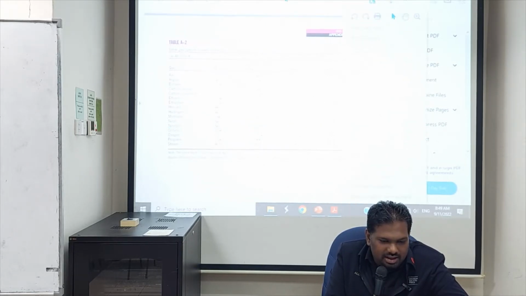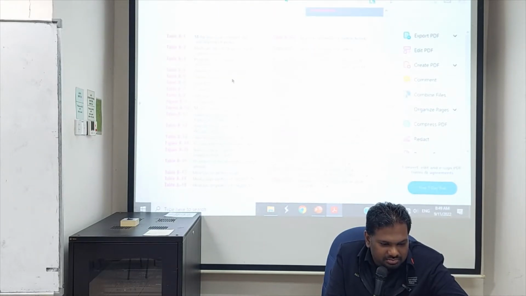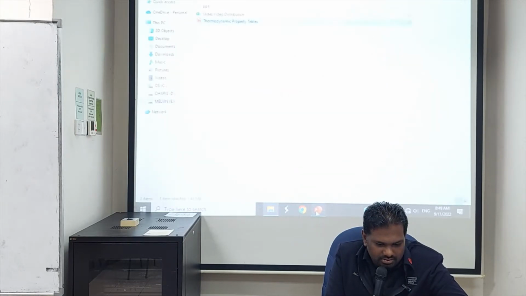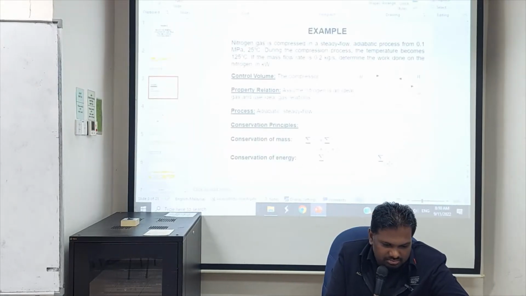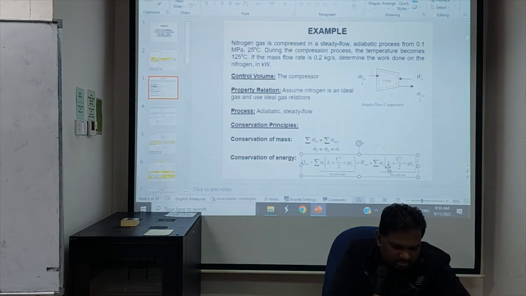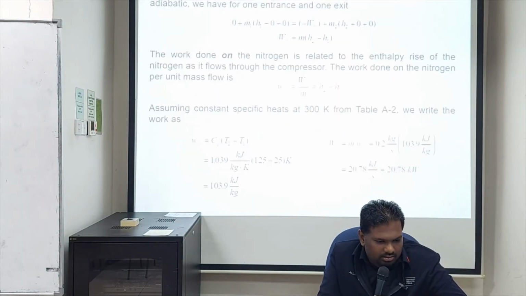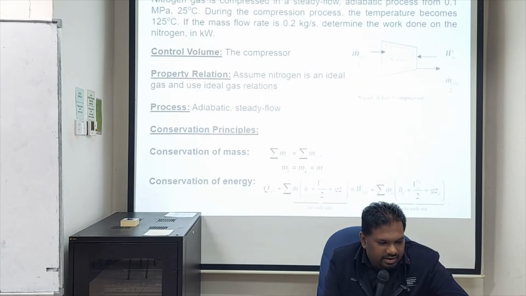So actually there are a few tables that we will use, okay, throughout the subject. So nitrogen is under ideal gas.